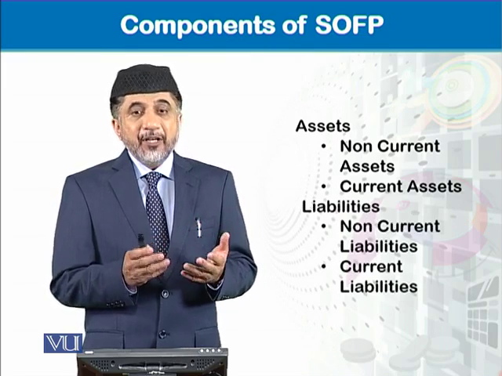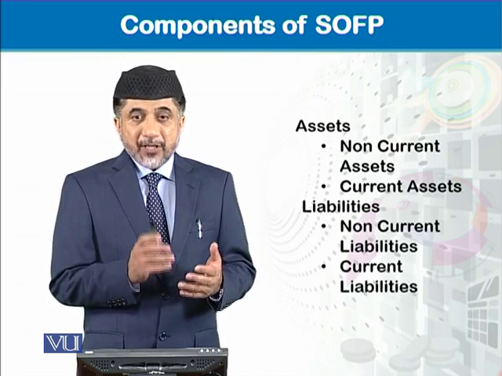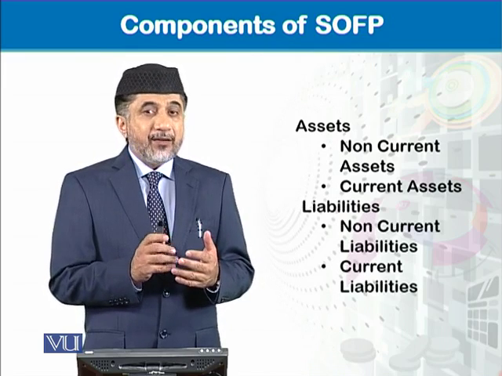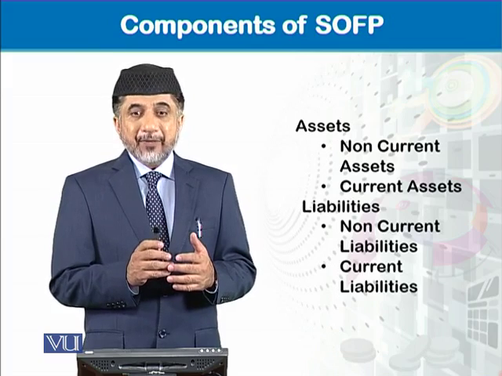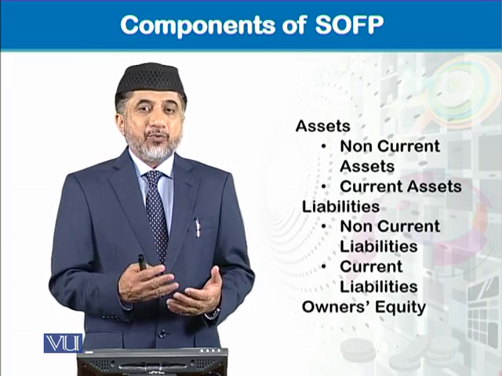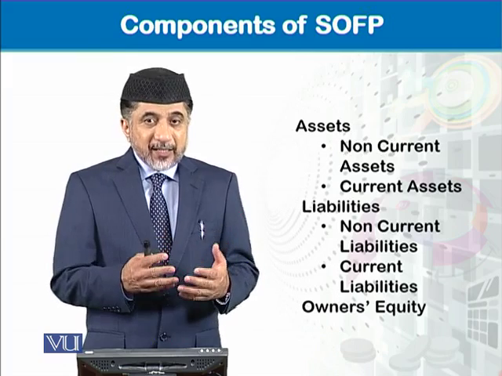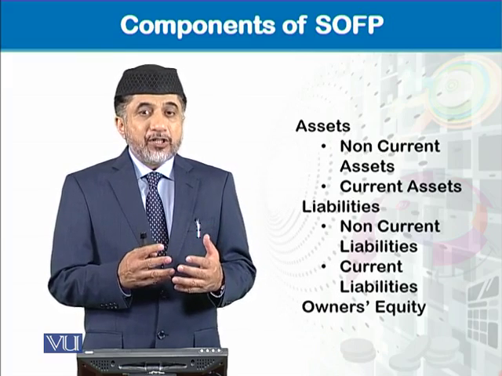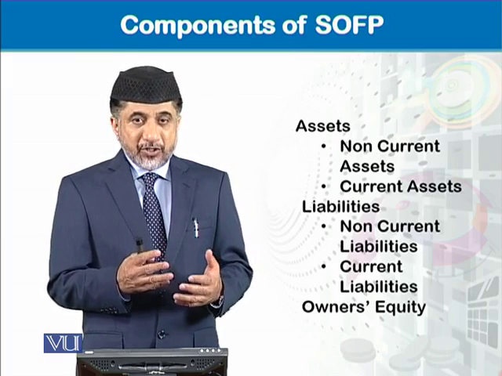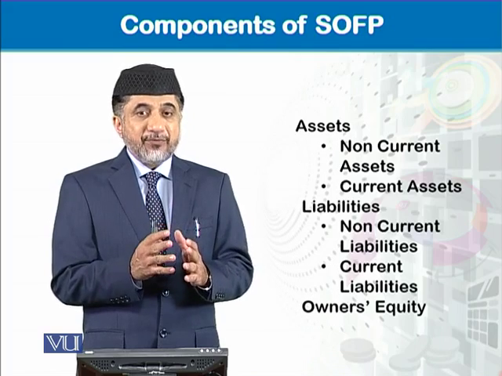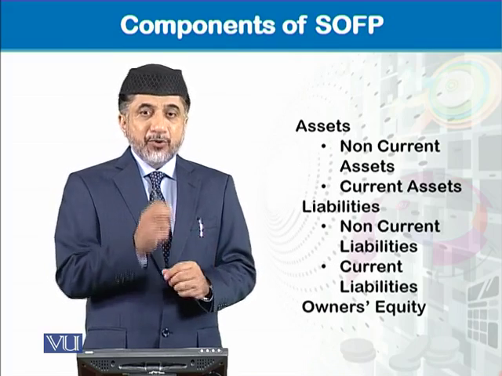Then comes liabilities, which are also subdivided into non-current liabilities and current liabilities. And then comes owner's equity. So these are the three main components of the statement of financial position, which are further classified into subcomponents.